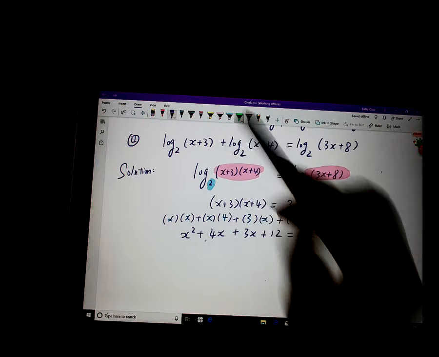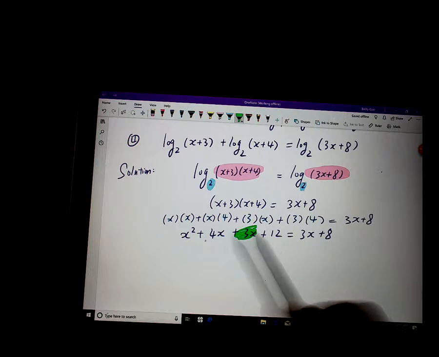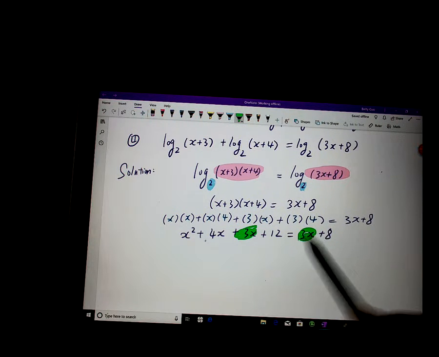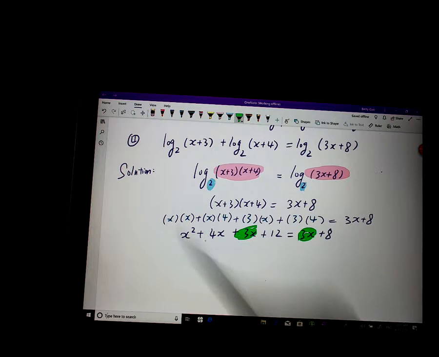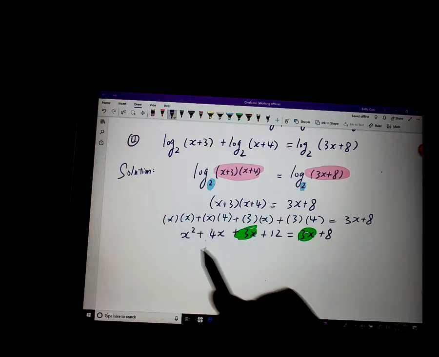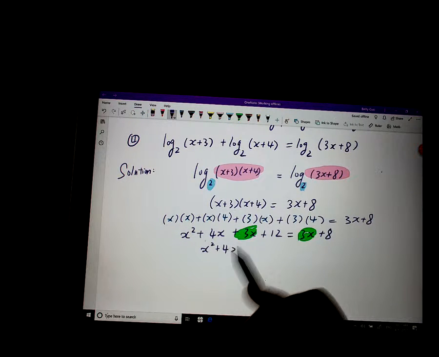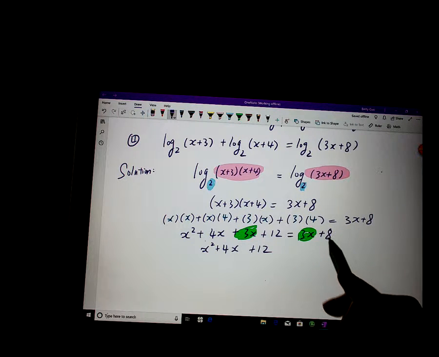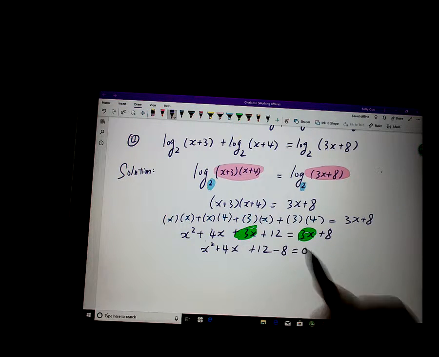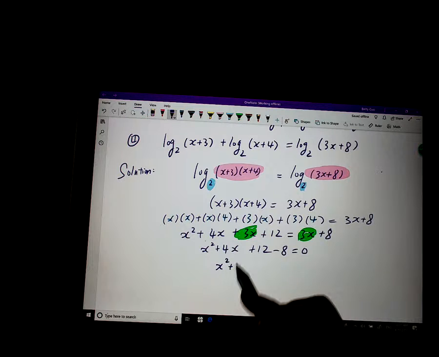Just for convenience, I can get rid of 3x from both sides. And then I have x squared plus 4x plus 12. I move 8 over, minus 8 equals 0. Combine like terms, 12 minus 8, 4.